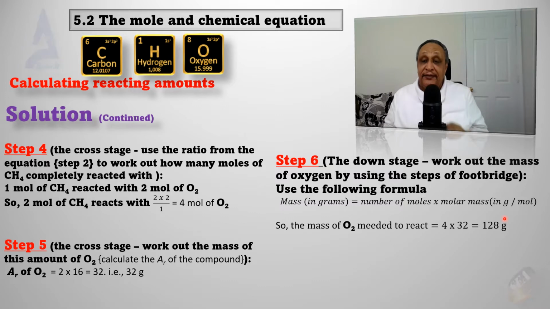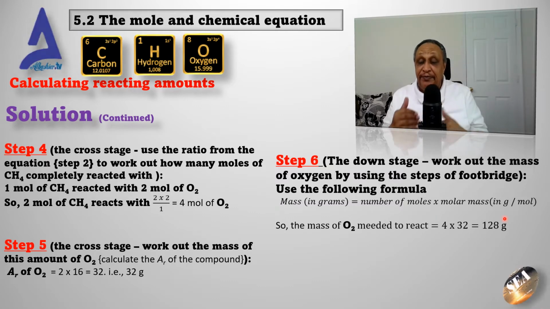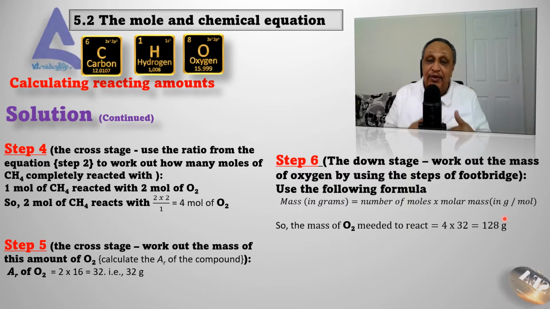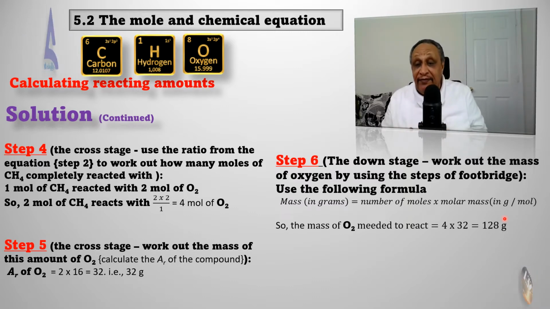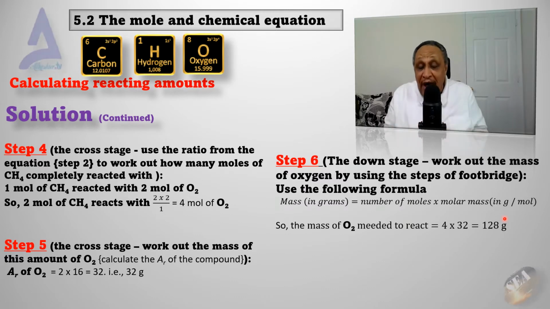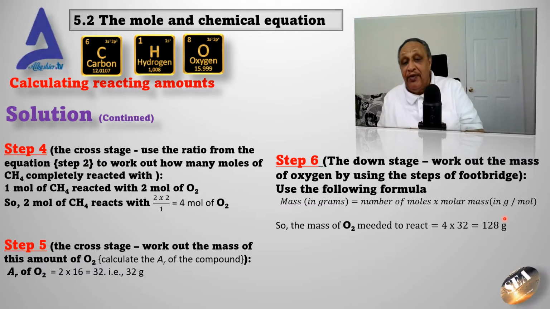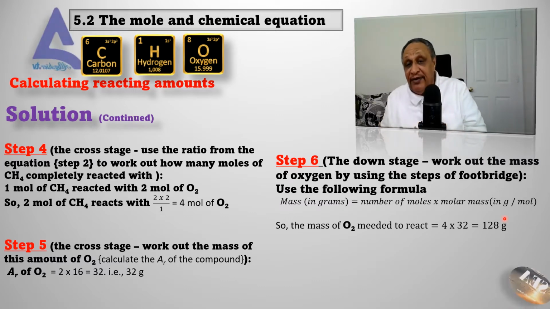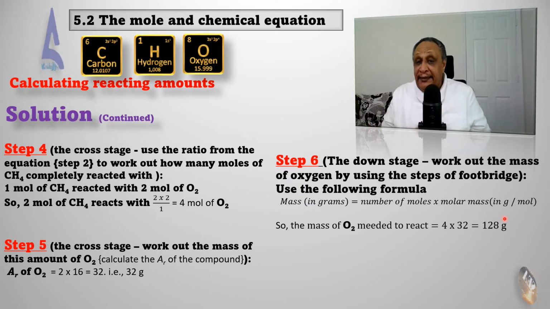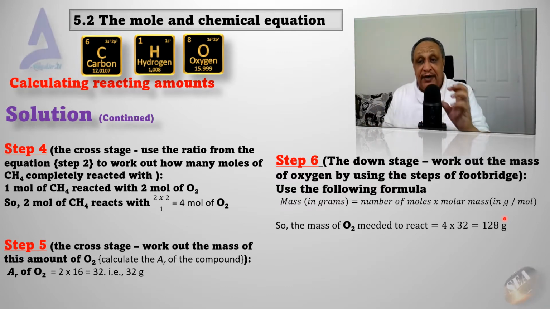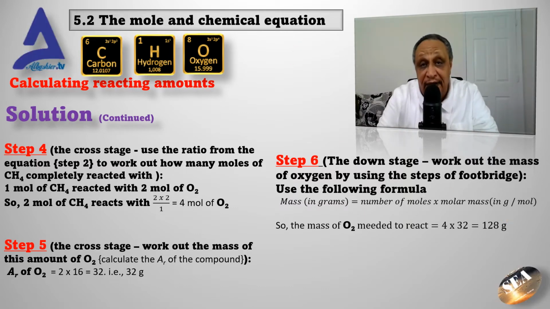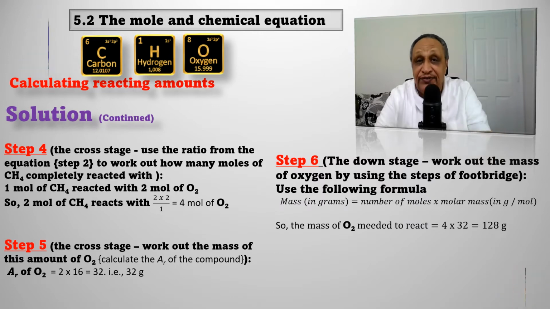Do not jump or skip any step, and if you do not understand a step, you have to work it out several times in order to know why we use step 2, step 3, step 4, step 5, and what we need in step 6. This is very, very important. Let us move on and see what is going on in our delicious lecture.